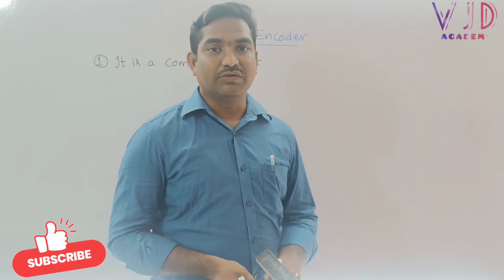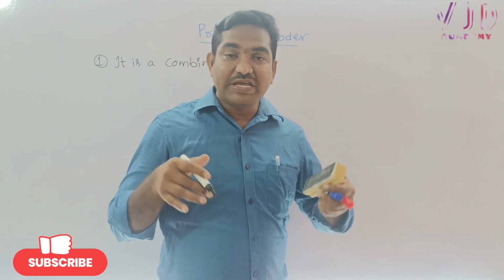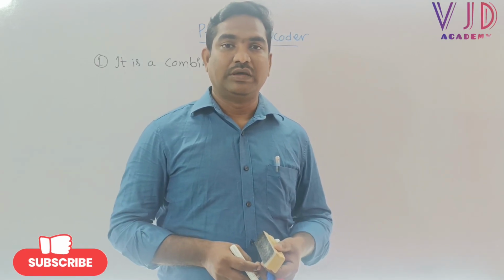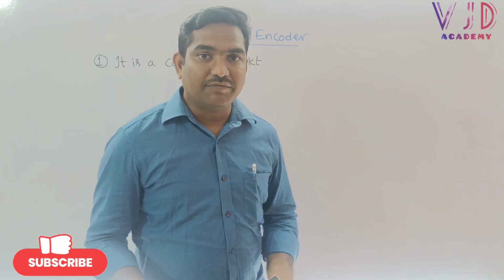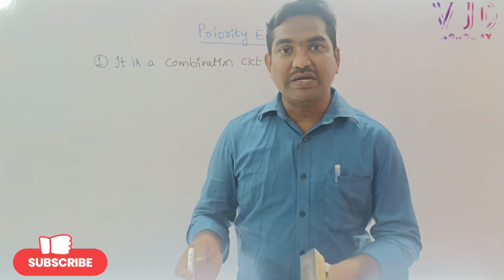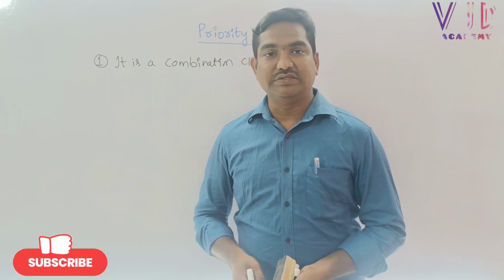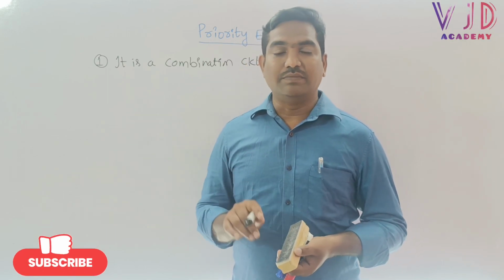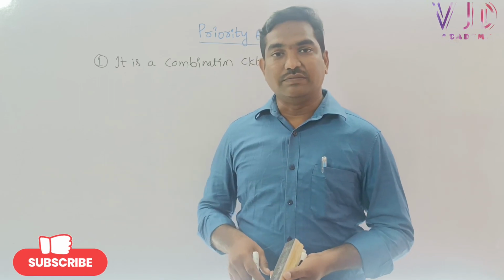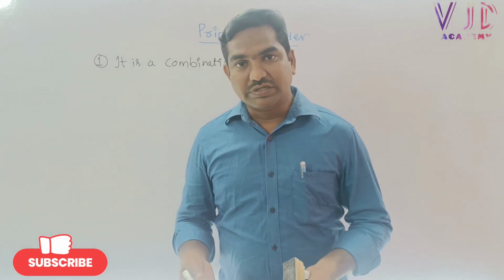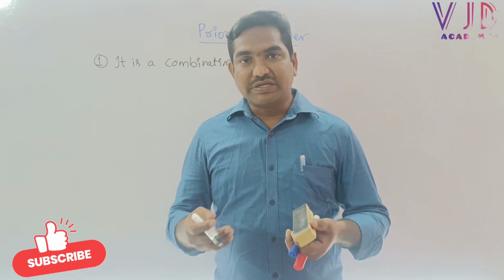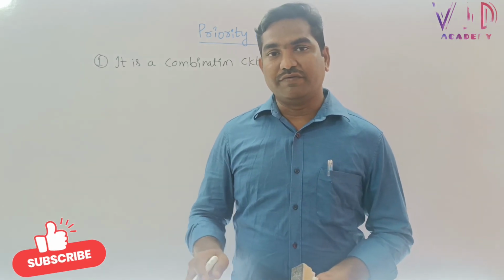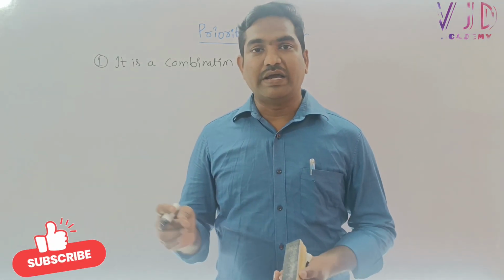Whereas in a priority encoder, the moment we apply two or more inputs at a time, I want to convert all of them immediately, not in a sequence. When the requirement comes, when an emergency comes, we automatically use this priority encoder, and based upon it we convert the input to output, other data to binary data.